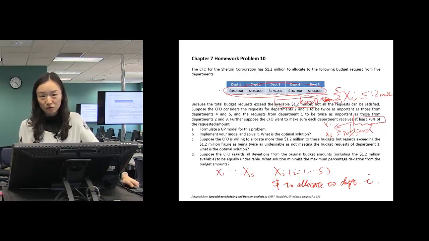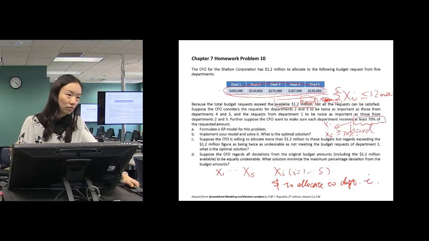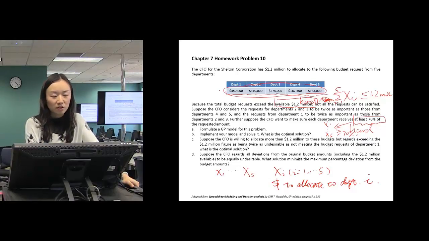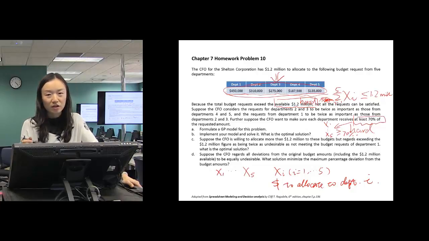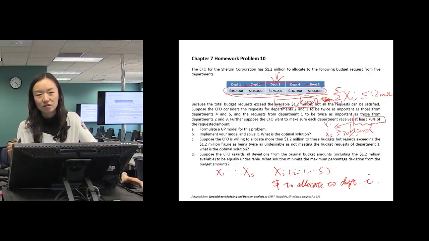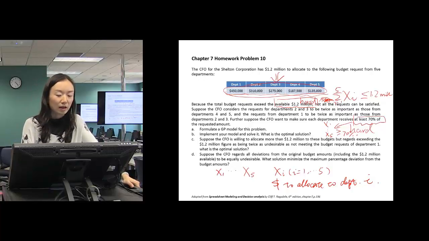And then we said, okay, the goals represent the desirable things to do. For this CFO, besides those 2 hard constraints, it's always desirable to get as close as possible to all the requests, right? In this problem, it's not really obvious, but you can kind of tell those are the goals.